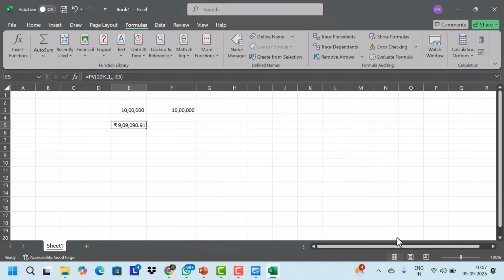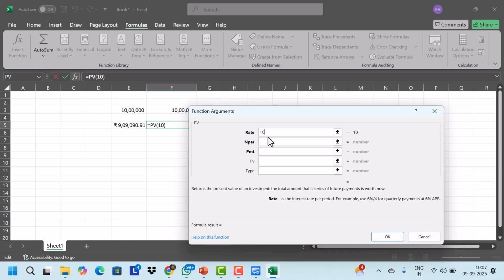Just focus here that for the first year, the present value of 10 lakhs is 9 lakhs. The next year, okay, I just do it again and choose the rate here, 10%. Now the period is 2 years, okay, and then I'm choosing this.